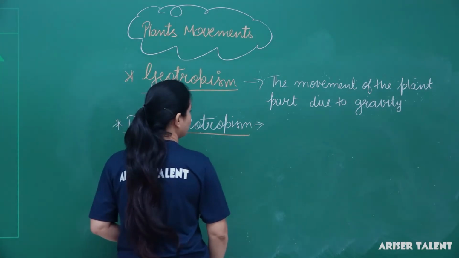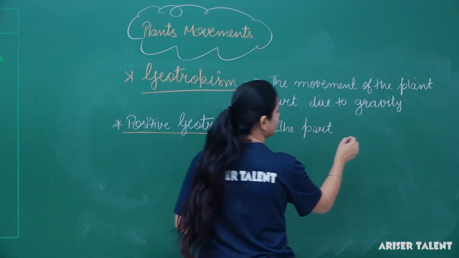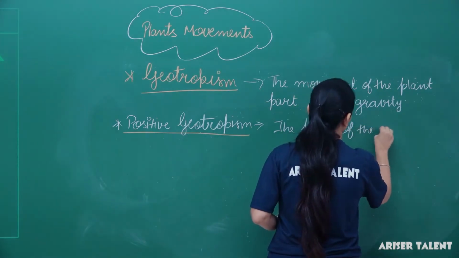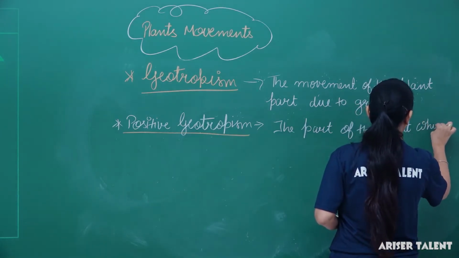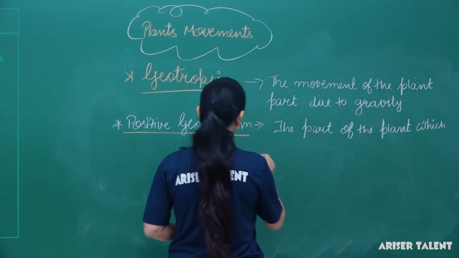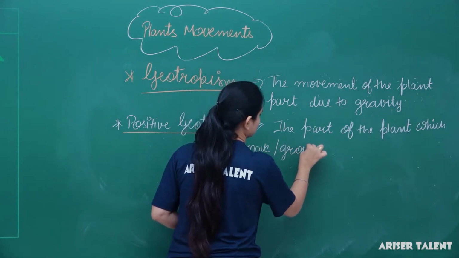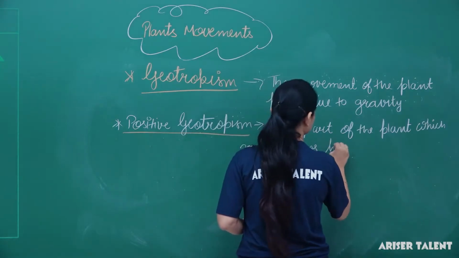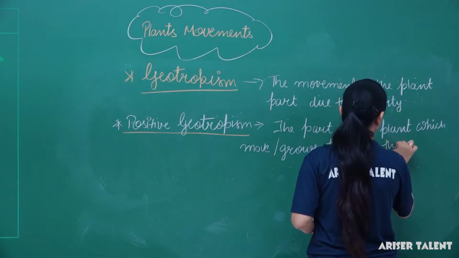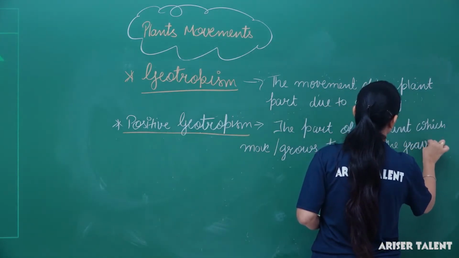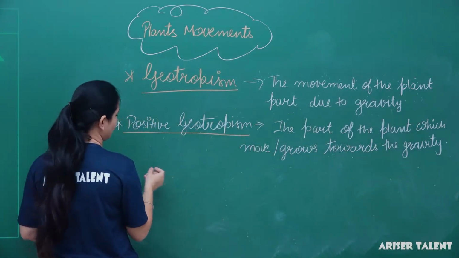The part of the plant which moves or grows towards the gravity, this movement is known as positive geotropism.